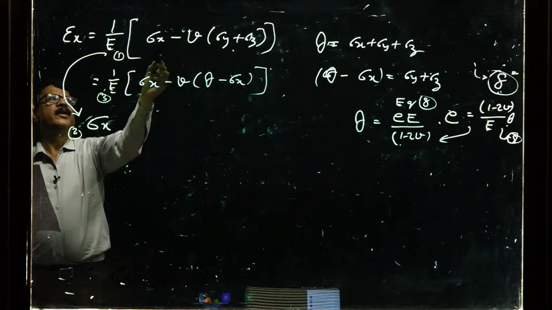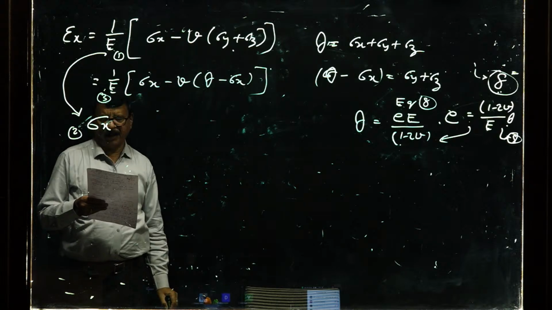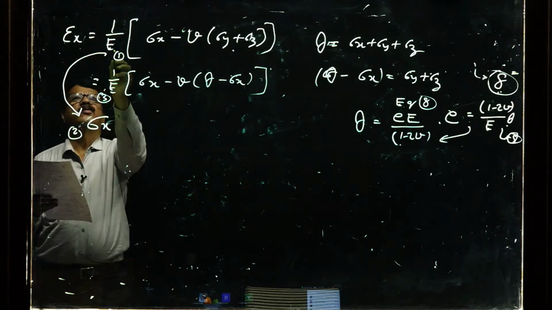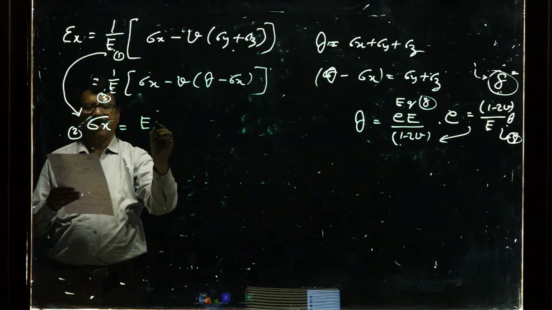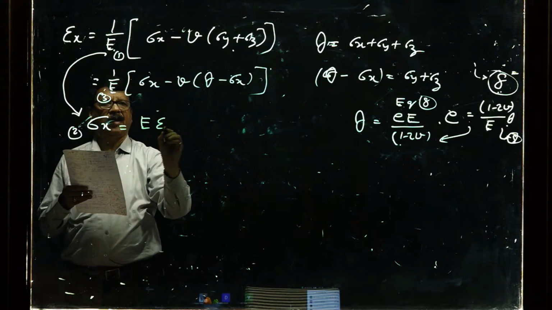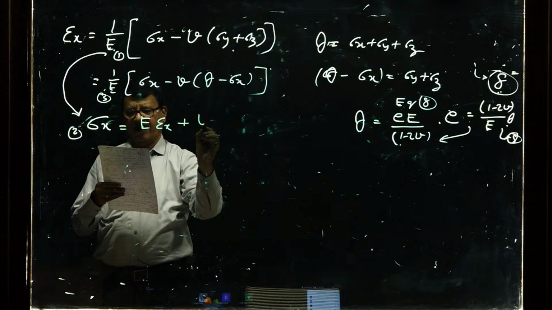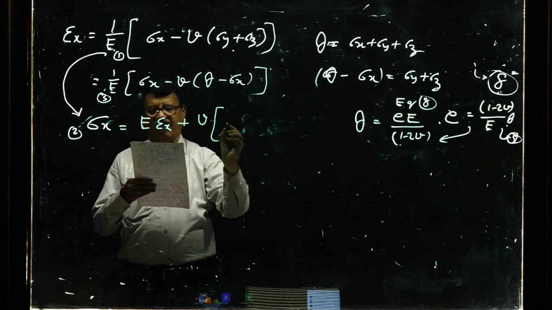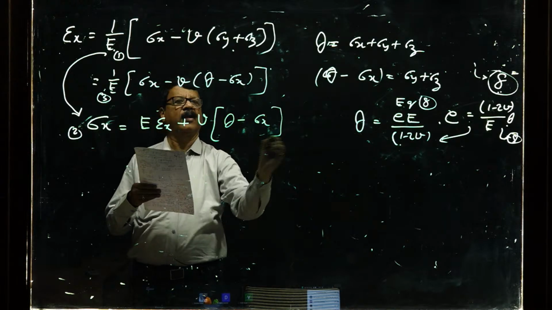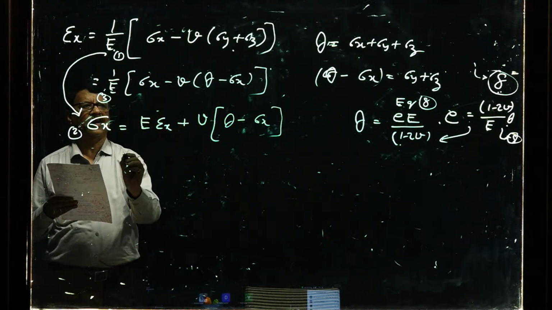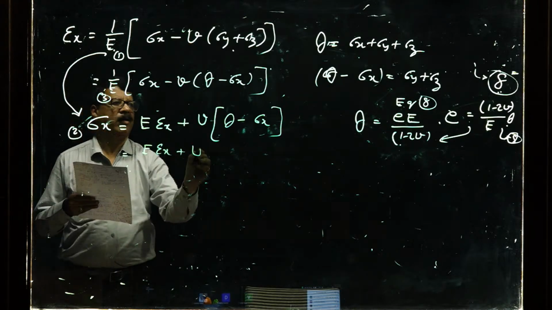So from here you write down the expression for sigma x. You send this here. It will be E epsilon x plus v into theta minus sigma x. Now put the value of theta.